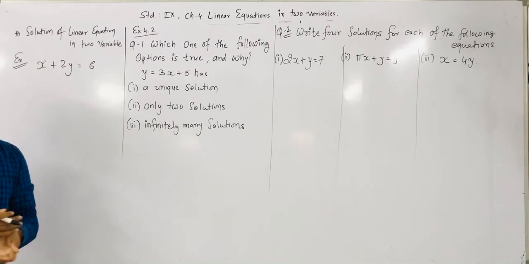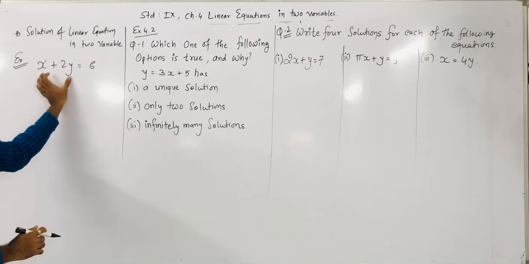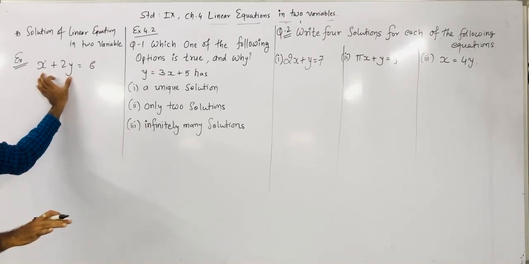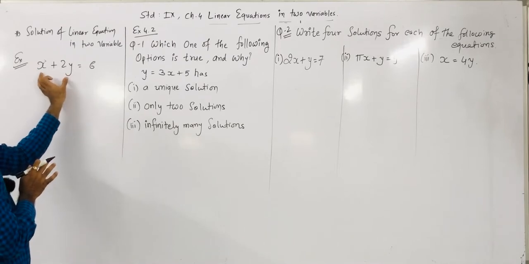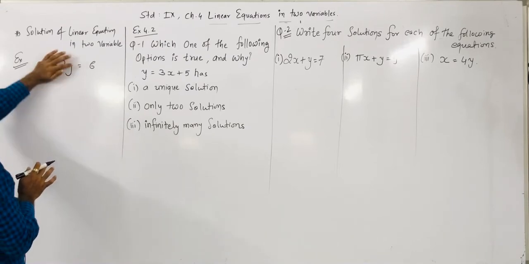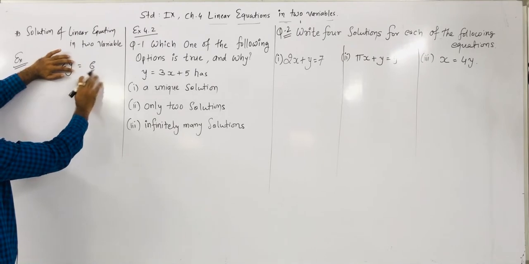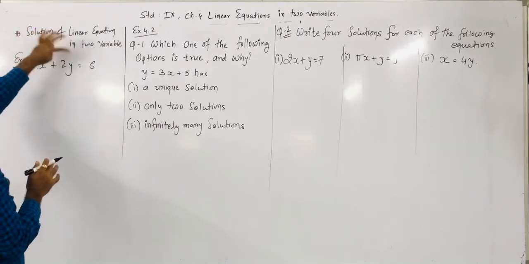The solution means what? How can we define it? We have to take x and y values in such a way that when we put the x and y values in that equation, the value we get is 6.